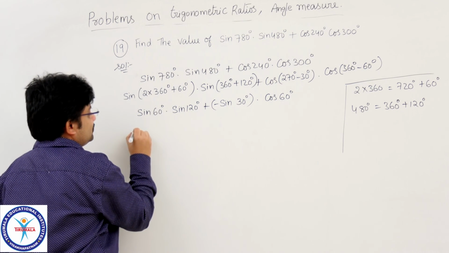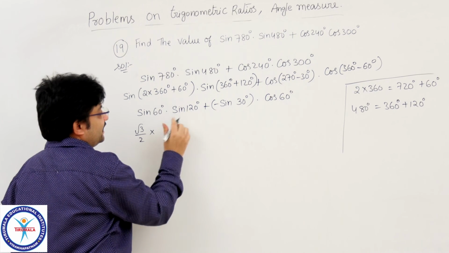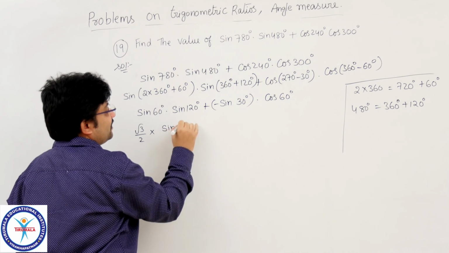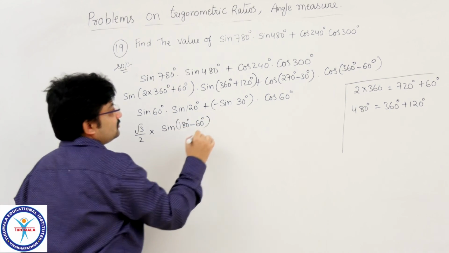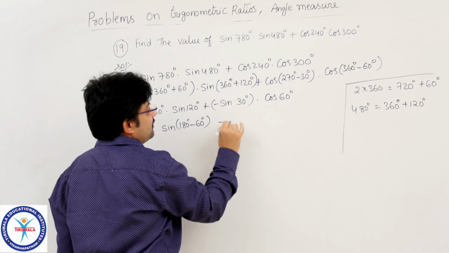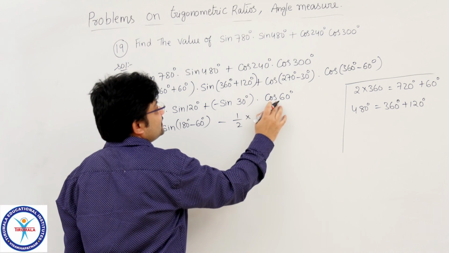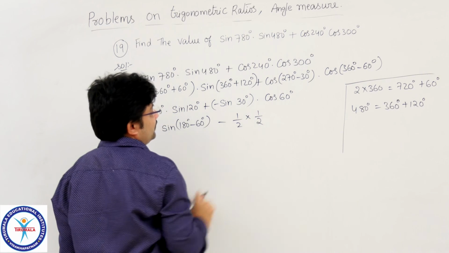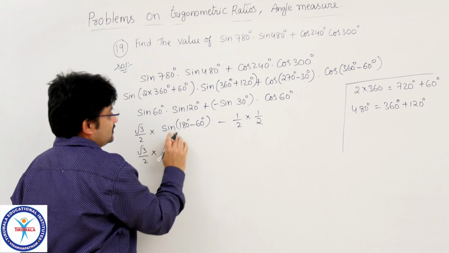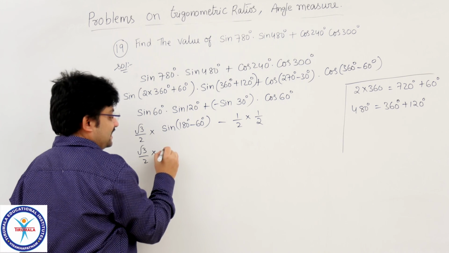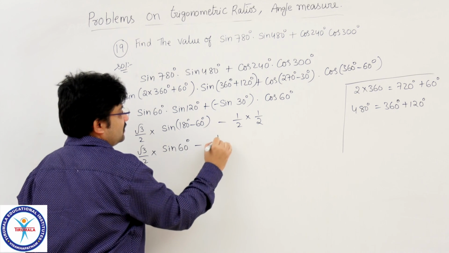Sin 60 value is root 3 by 2, into sin 120, which can be written as sin of 180 degrees minus 60 degrees. Plus into minus is minus, sin 30 degrees is 1 by 2, cos 60 degrees again 1 by 2. Root 3 by 2 into sin of 180 minus theta, that is sin theta, that is sin 60 degrees, again minus 1 by 4.